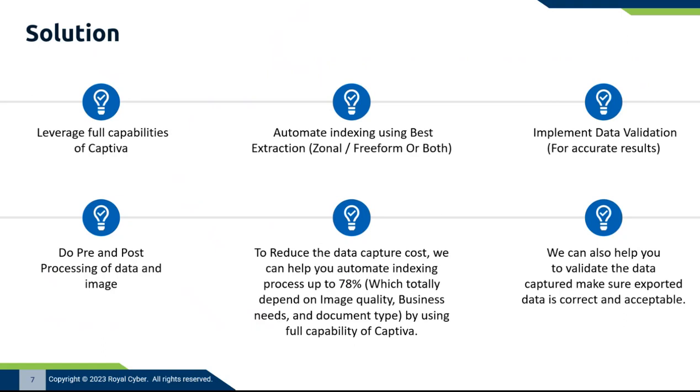Doing all this is going to automate approximately 78% of your load. Of course, it totally depends on the business, image quality, the inbound systems, etc. But this is an average rate that I have seen in the industry so far, and this is what we are committing towards.